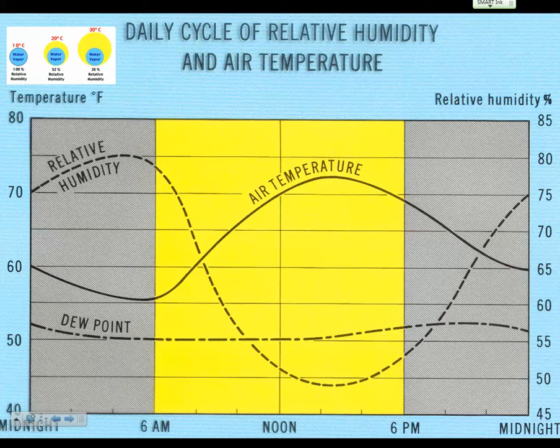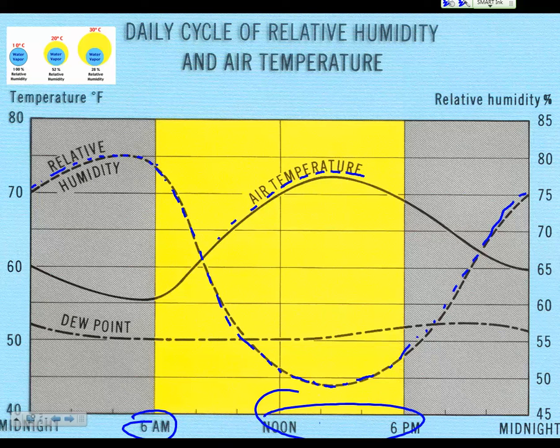Relative humidity, you can see, is very high in the morning, 6 a.m. And then as the day warms up, relative humidity drops. Afternoon is the warmest time of the day.